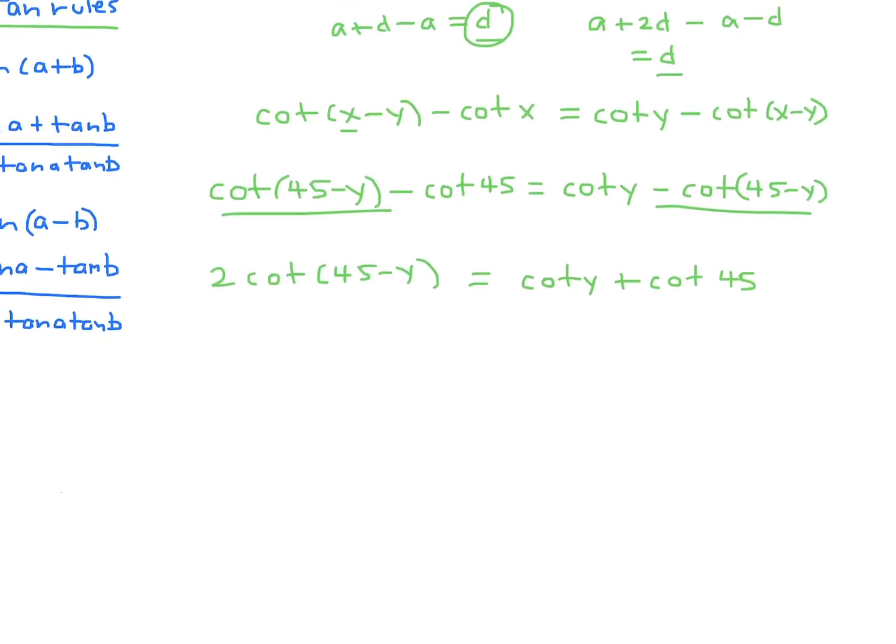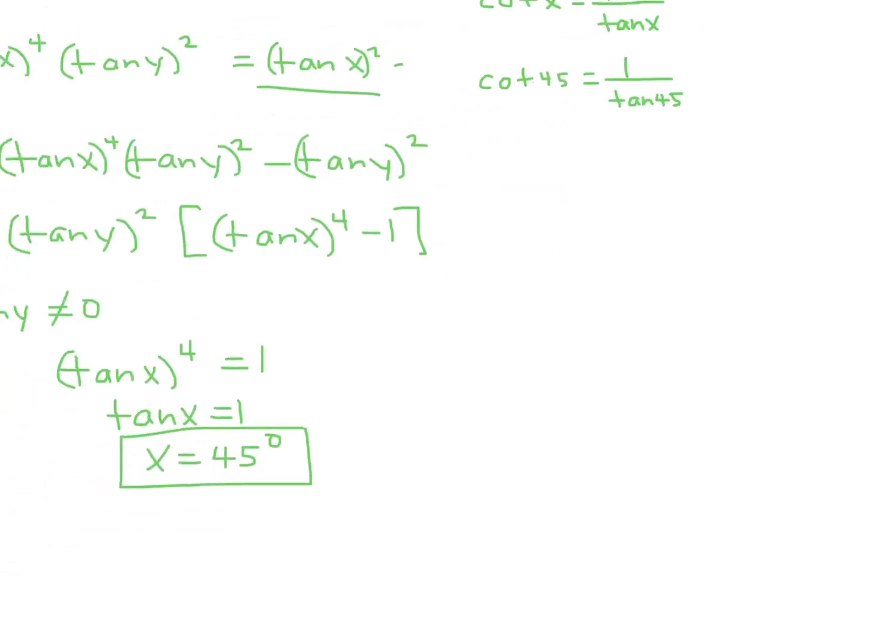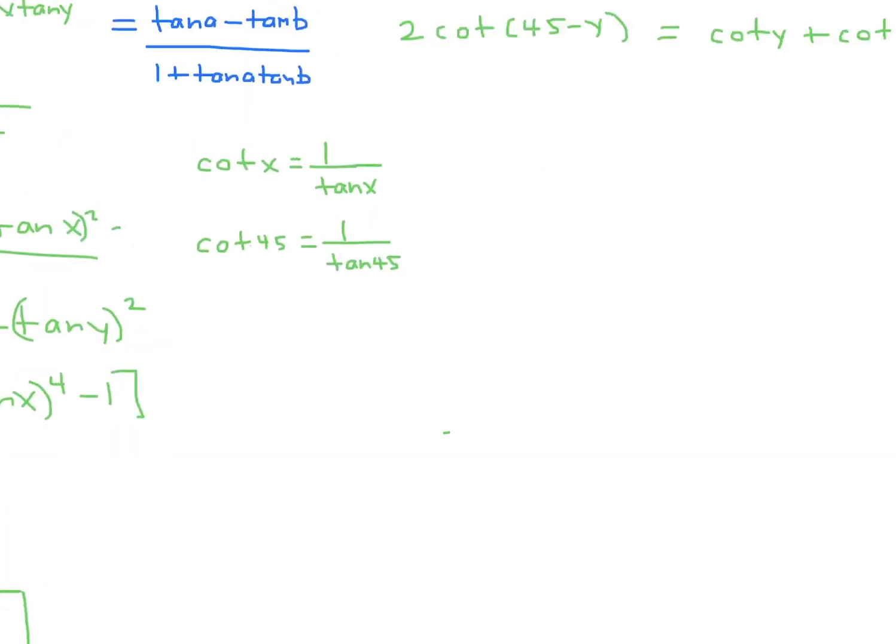Okay, cotangent of 45, well, I'm certain that you know that the cotangent of x is equal to 1 over the tan of x. And therefore, the cotangent of 45, even if you don't have a calculator, is 1 over tan of 45. The tan of 45, even if you didn't know that, it's 1.